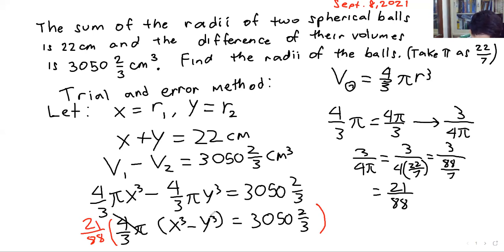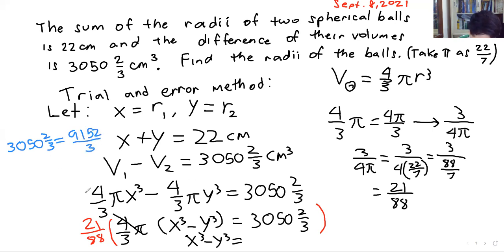Okay, so what is 3050 and 2/3 times 21/88? 3050 and 2/3 expressed as an improper fraction is equal to 9,152/3.